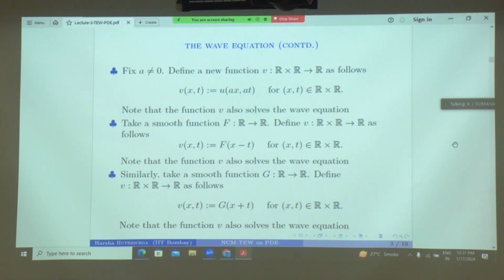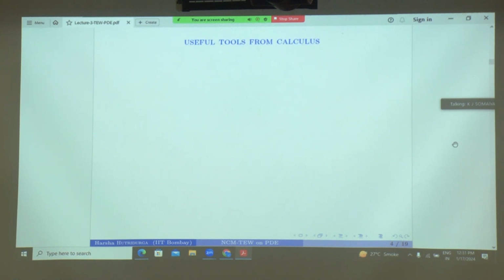Okay, so now let's move on. We are going to take a slightly different viewpoint of understanding solutions to the wave equation. When we were studying the transport equations, we were very eager to write down the solution. We were like, okay, how do I find the solution?